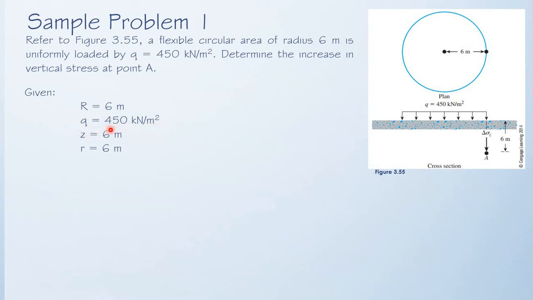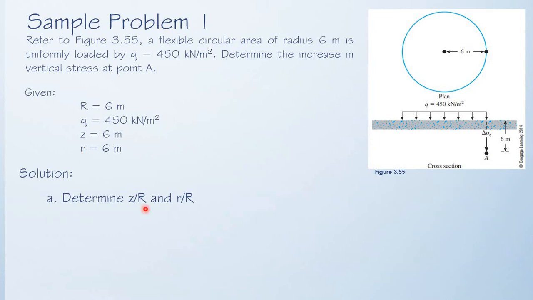The depth is 6 meters. And at the same time, although it was not stated in the problem, we can see from the figure that the value of small r is also 6 meters. So in this problem, the radius is also equal to the value of small r. Let's now go over the solution.